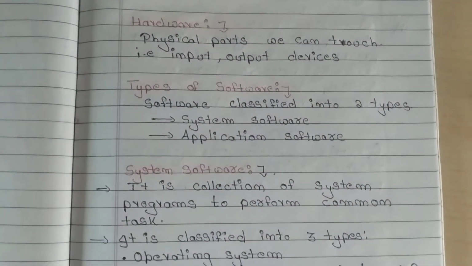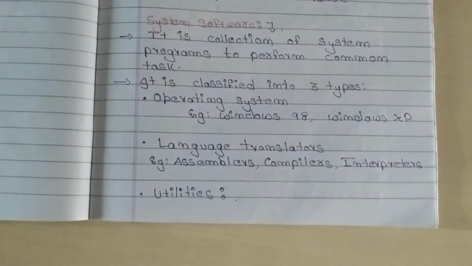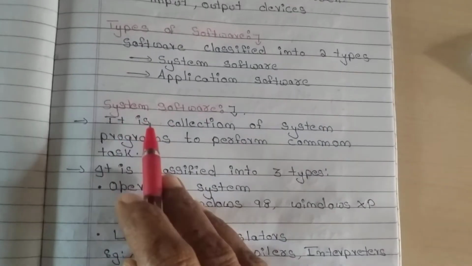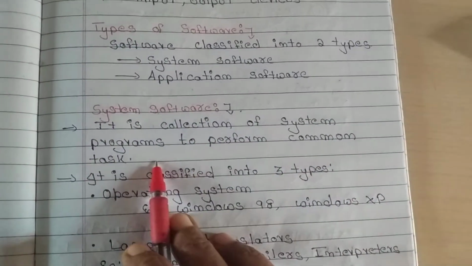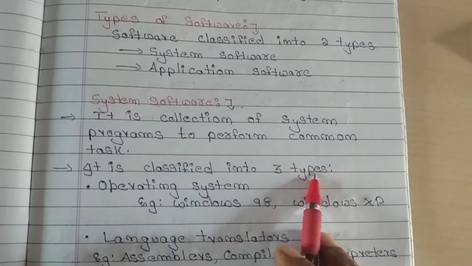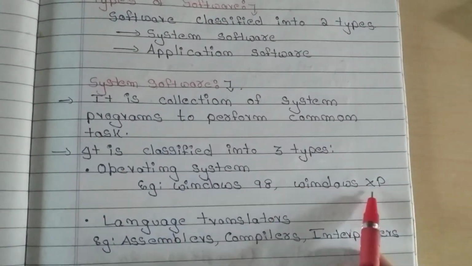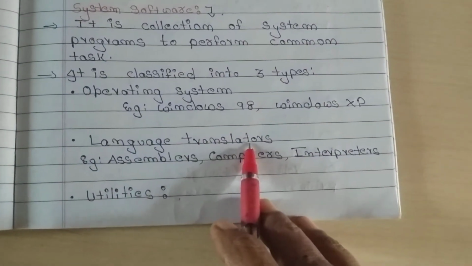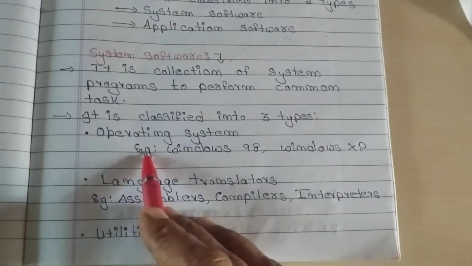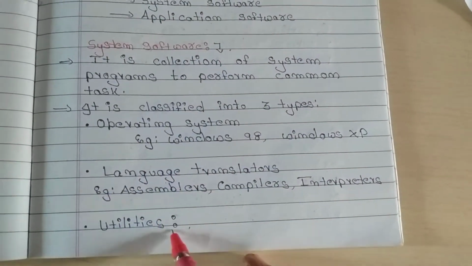You can take a second screenshot of this one, and a third screenshot of this one. System software is a collection of system programs to perform common tasks. It is classified into three types. Examples are Windows 98, Windows XP, and language translators. So system software consists of operating system, language translators and utilities.